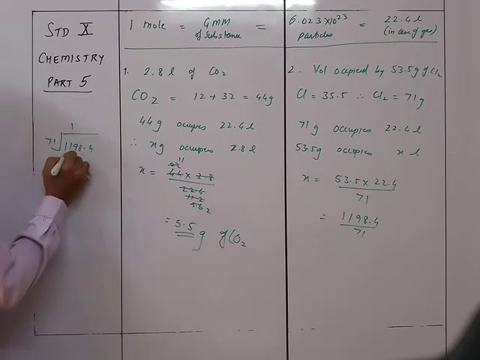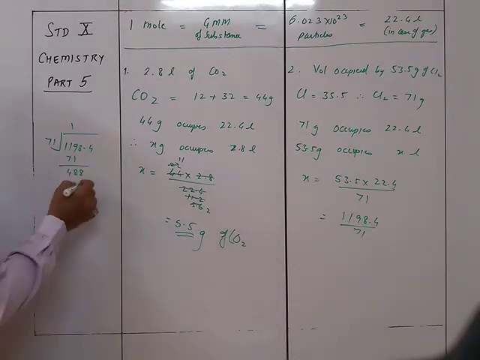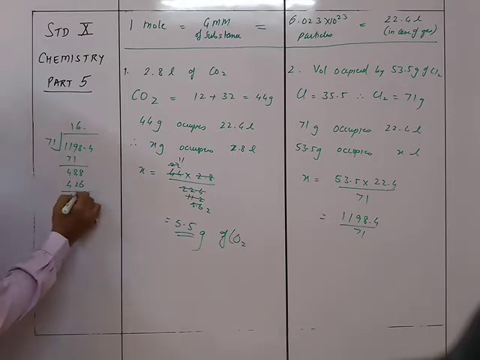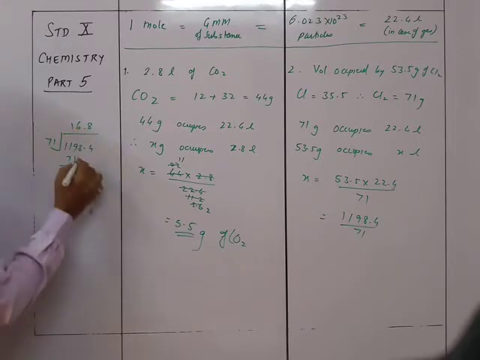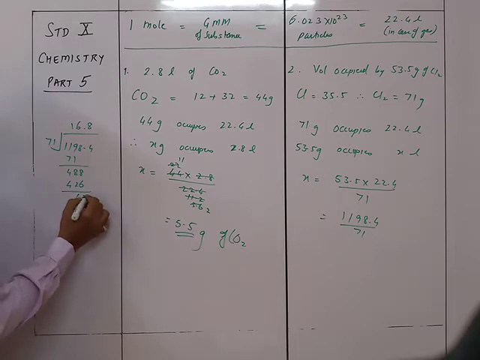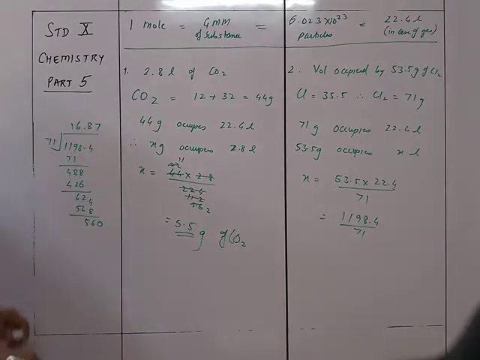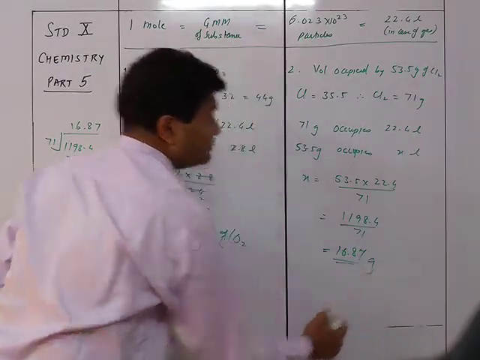1198.4 upon 71. 71 ones are 71. Carrying on the long division, the quotient comes to around 16.87 liters.